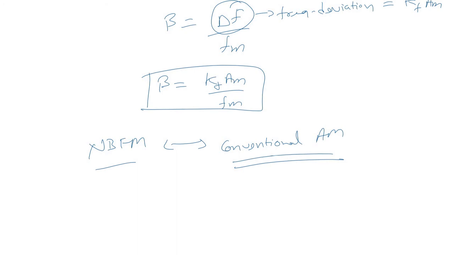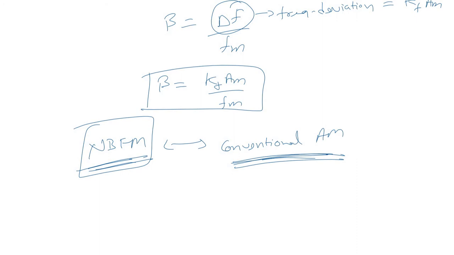Otherwise, the general expression and the spectrum of narrowband FM and conventional AM are almost similar. This is the reason narrowband FM is not of much importance in practical scenarios: because it is similar to conventional AM, the disadvantages of AM still come along with it.